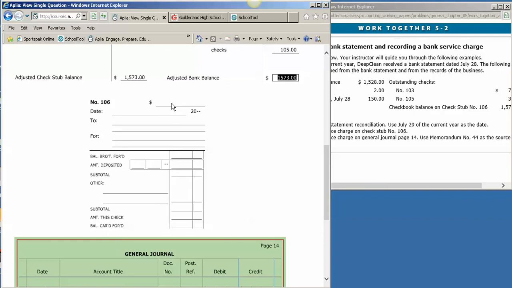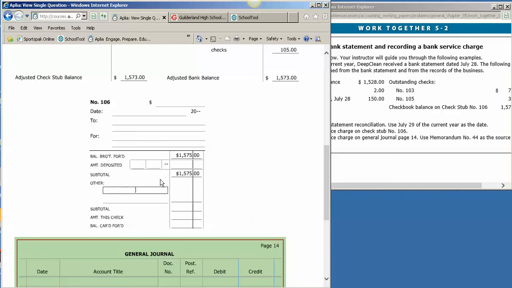Next step is going to be to prepare the check stub. This is the section of our check stub where we're going to record the service charge. The balance on our check stub was $1,575. That's the balance that was in the check stub. We put that balance brought forward in both places here, and now we want to make sure that we record the service charge.